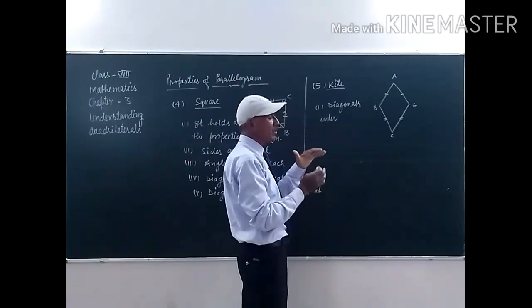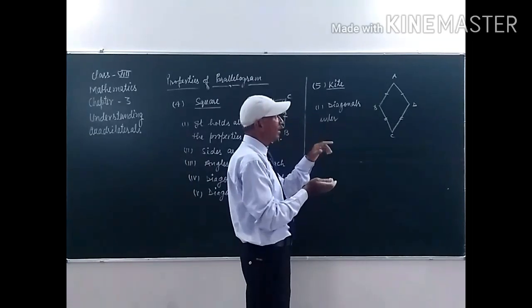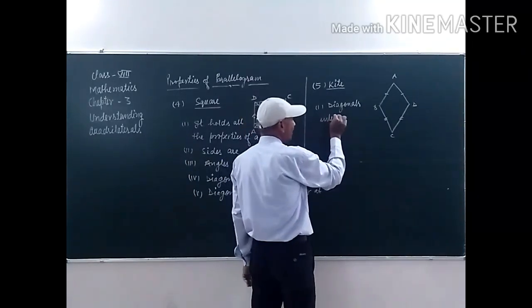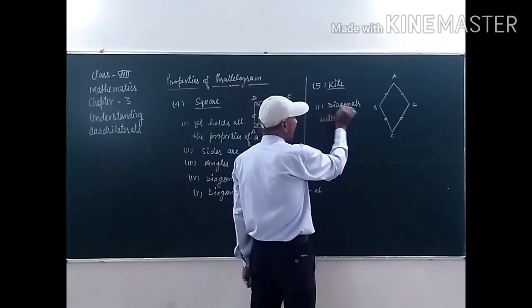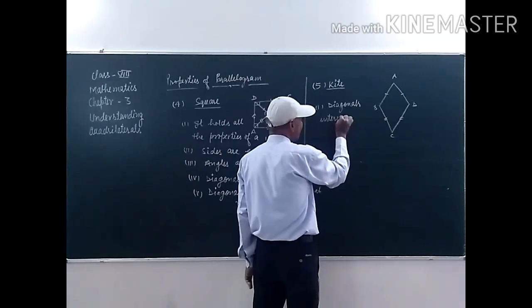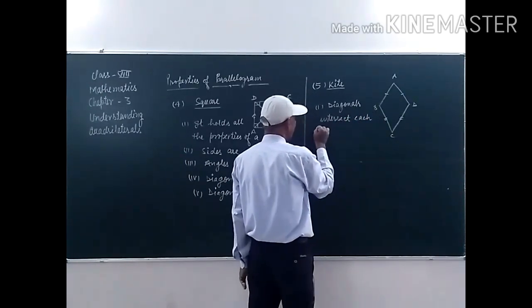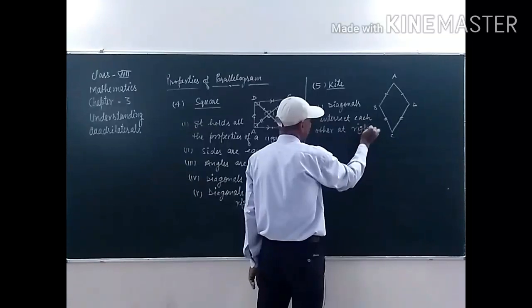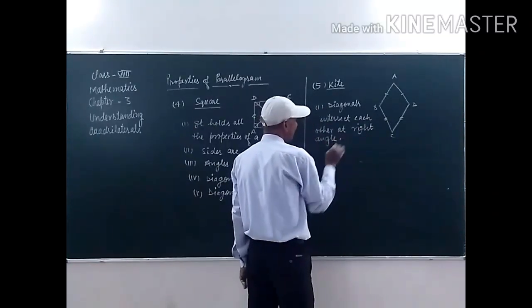Bisect means to divide into two equal parts, and intersect means the line is divided in any ratio. Intersect is where two lines meet each other. This is the first property of kite.